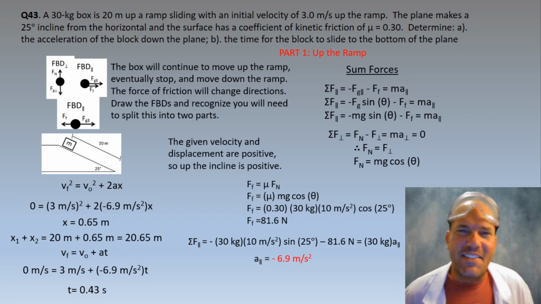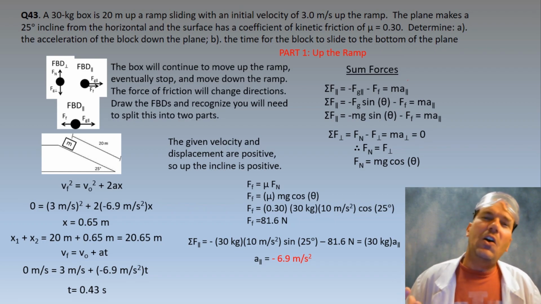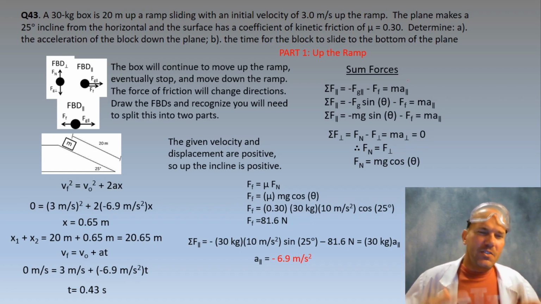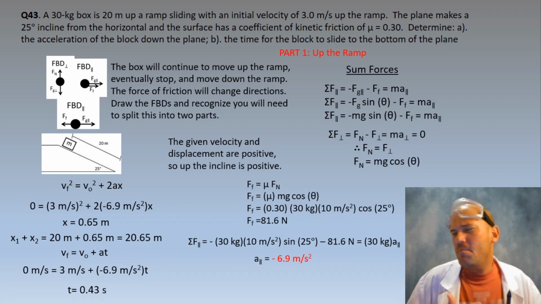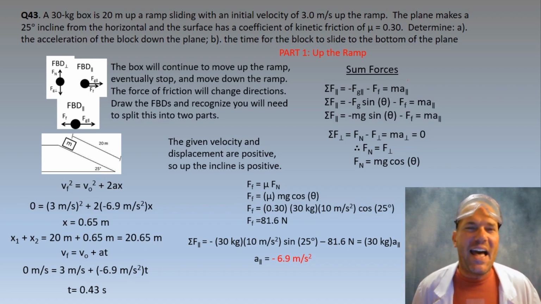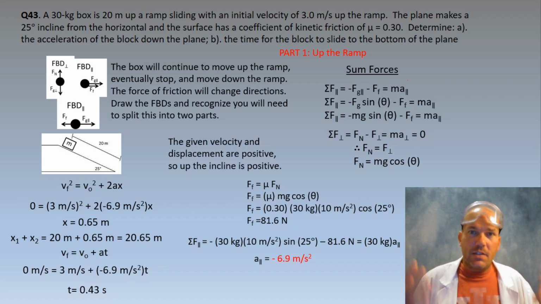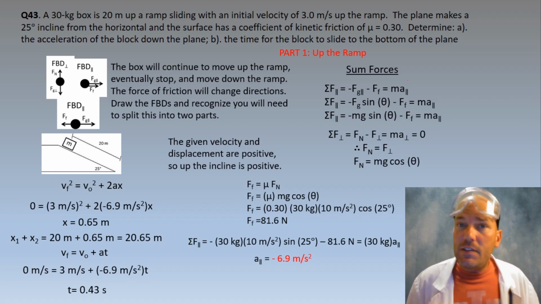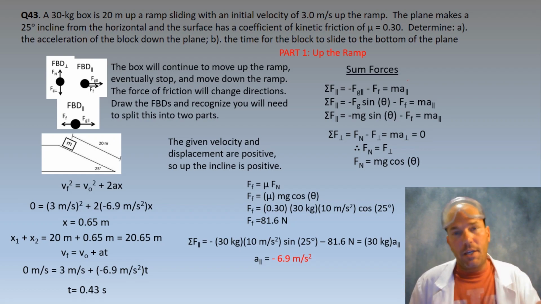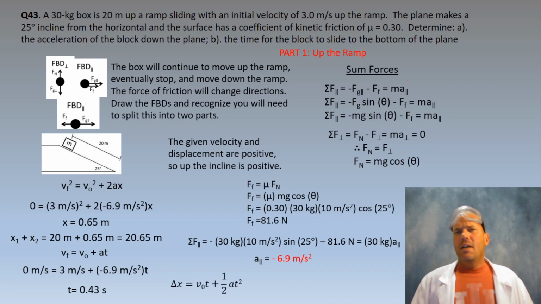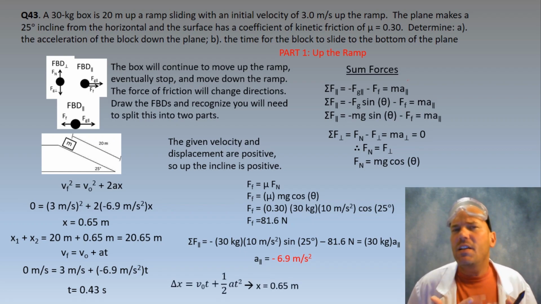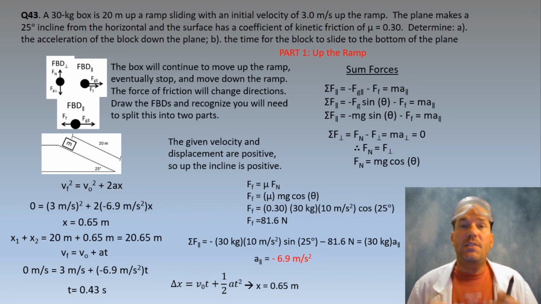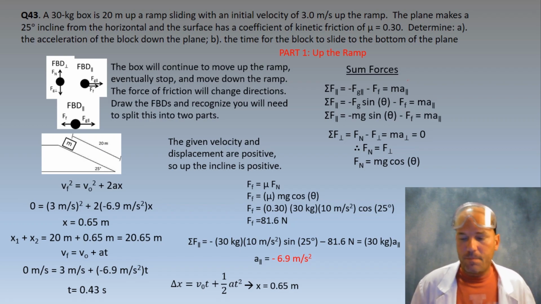0.43 seconds. Now, as all good physics students will do, they will ask questions and possibly even go a little bit beyond what the question is asking by saying, what other UAM could I use? Or could I somehow double check my work here? Absolutely you can. Let's use the change in position is equal to v naught t plus 1/2 at squared, where we now know x to be 0.65 meters.